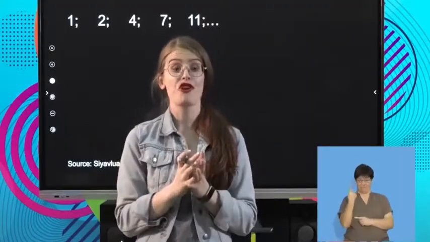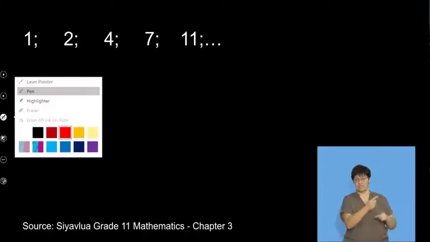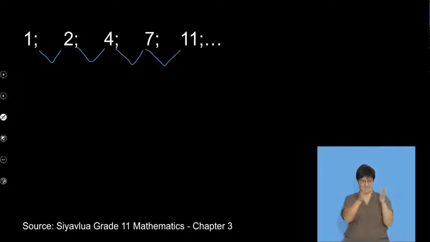So I've put the pattern behind me. We're first going to calculate the first differences of the pattern, and then we're going to calculate what we refer to as a second difference. Let's have a look at the first differences. So a first difference is essentially the values between the terms of the pattern. So first difference between 1 and 2 is positive 1, because I can see that I added 1 from 1 to get to 2.